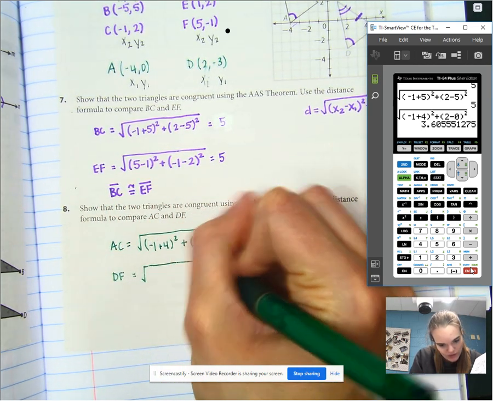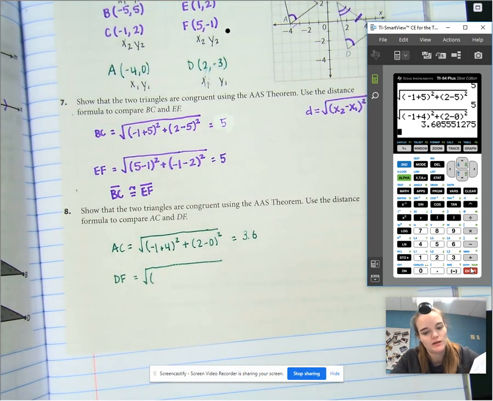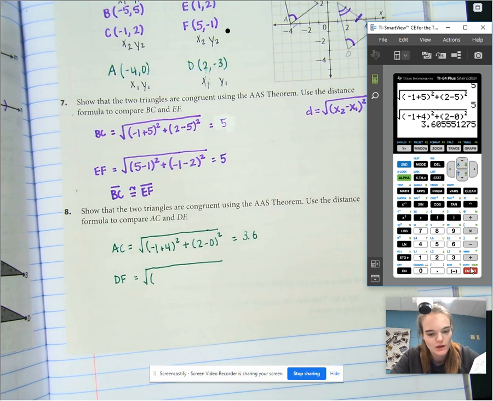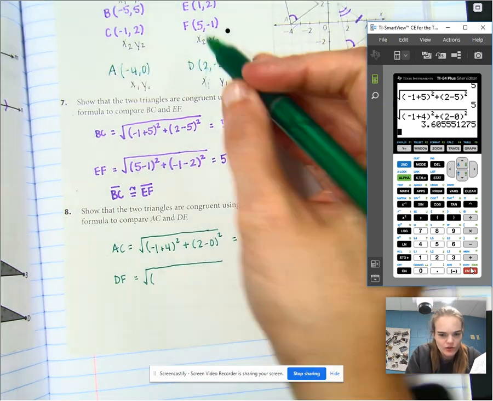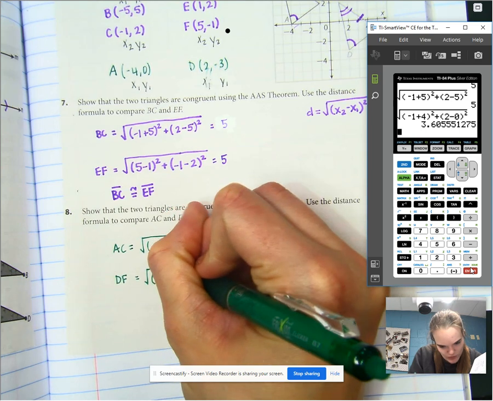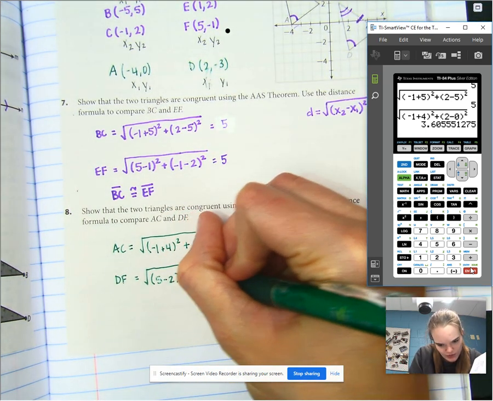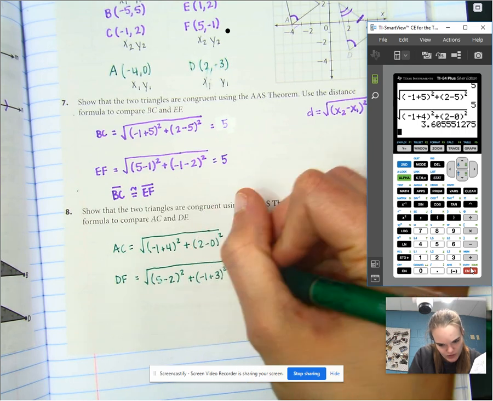So anytime you have something on a coordinate plane, you are going to find that segments are congruent by doing this. All right, DF. So 5 minus 2 squared plus negative 1 plus 3 squared.